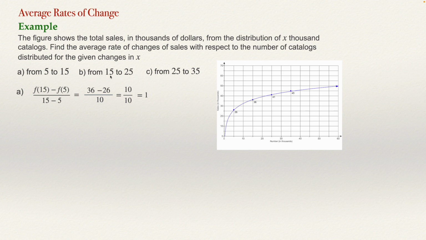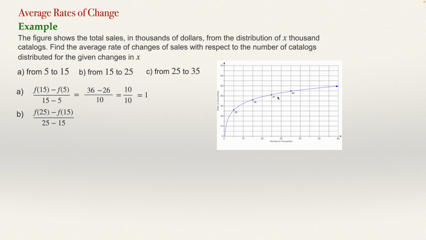So let's see what happens if it's changing from 15 to 25. We do the same. We are just practicing, but I want you to observe that this average rate of change can change also. You notice here that f of 25, when x equals 25, the value of the function is 41.